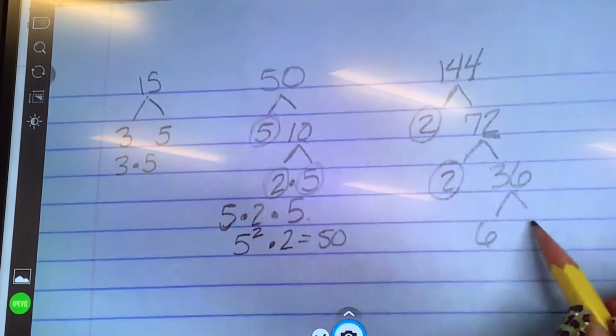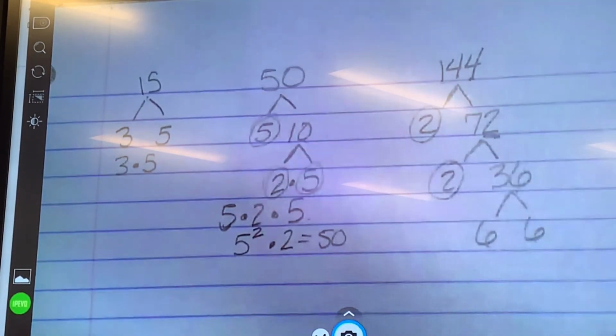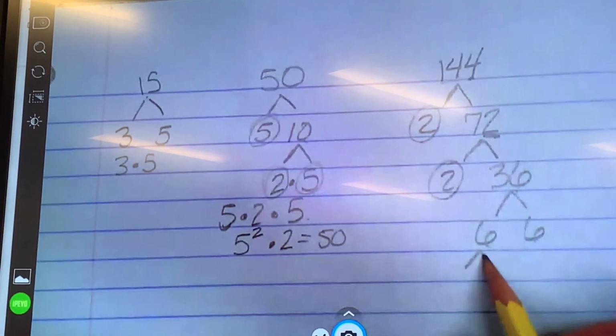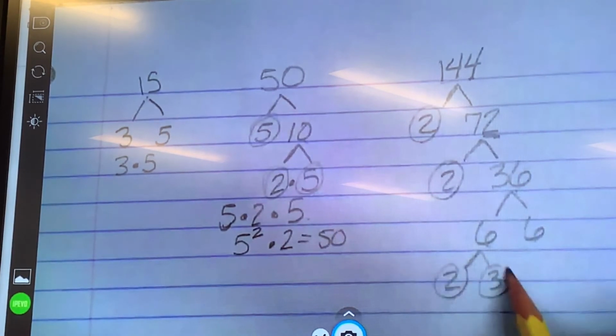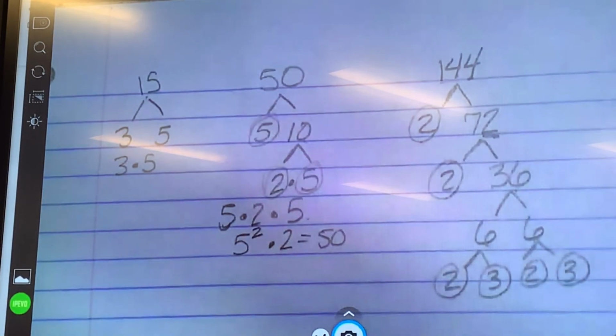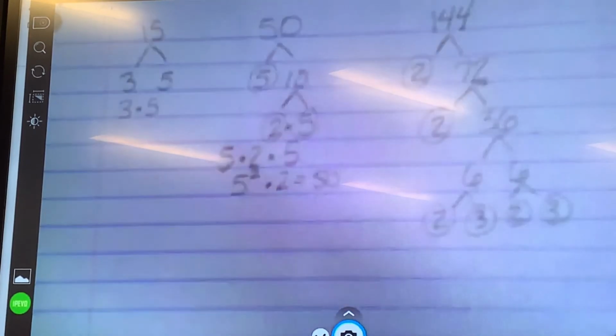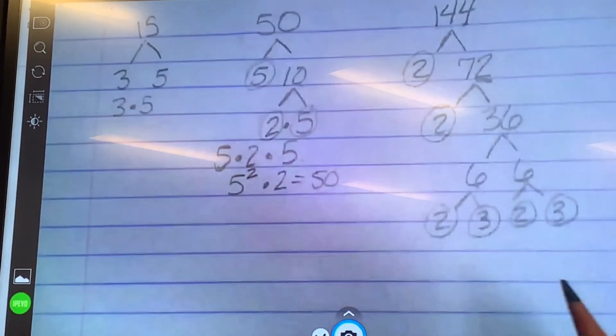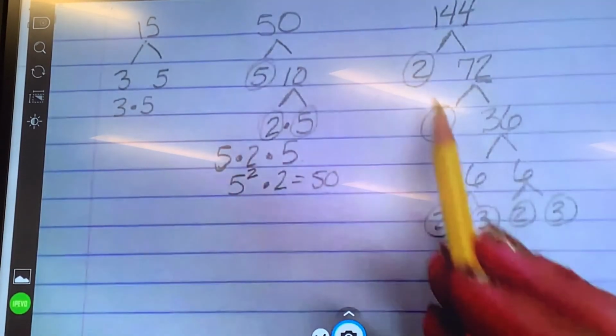So we're going to do 6 times 6 is 36. 6 is the same as 2 times 3. Both of those are prime. And 6 is the same as 2 times 3. So now we have all these numbers that we have to put. So we have 1, 2, 3, 4, 5, 6.